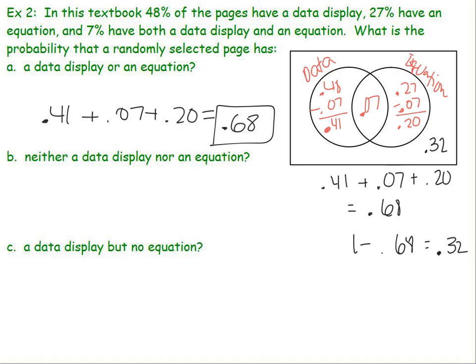That was the leftovers, which we already found, was 0.32. And finally, part C, what's the probability that it has a data display but no equation? The only part on here that satisfies data display but no equation is this part right here. That's our data display, but it leaves off the equation. So 0.41.